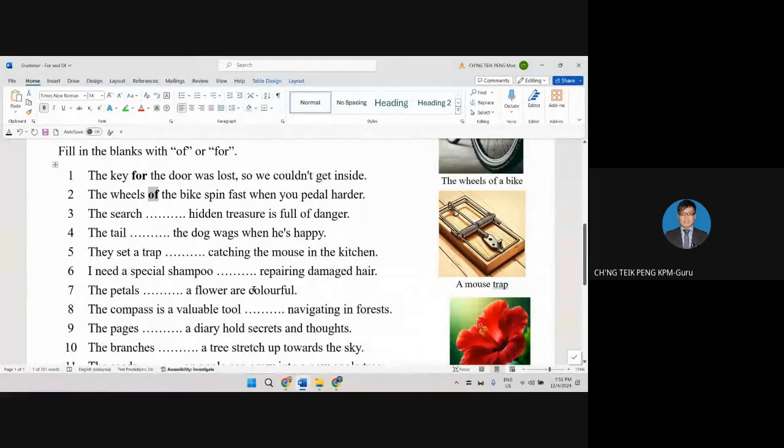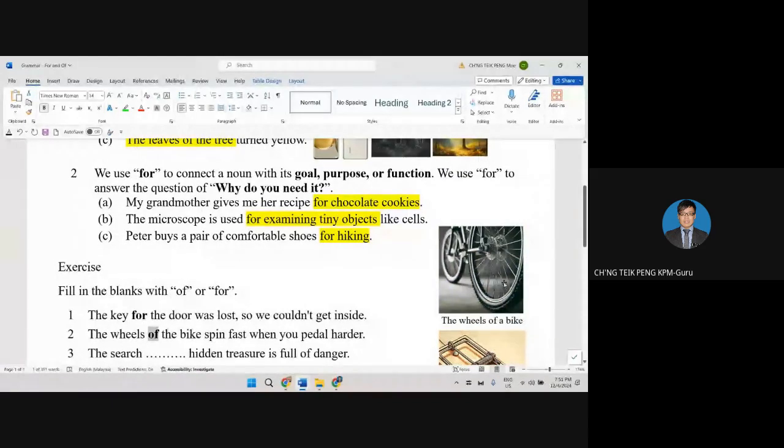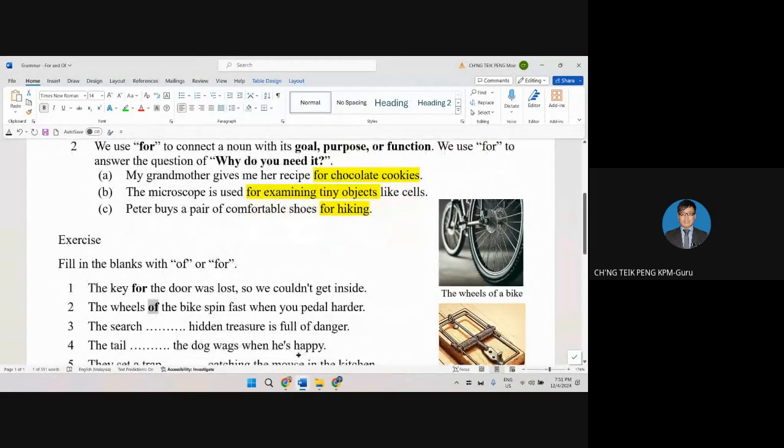Hang on, give me a minute. All right, so the wheels of the bike refers to the tires, okay? So 这些轮胎肯定是脚车的一部分来的，所以我们就要用 of 咯。So the wheels of the bike spin fast when you pedal harder.